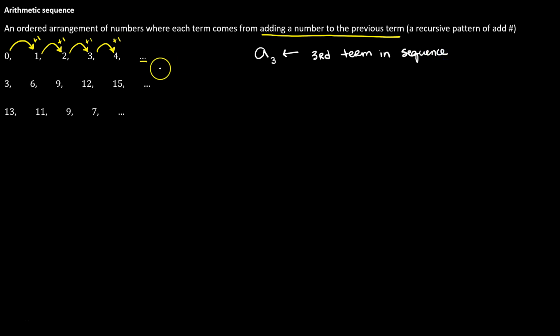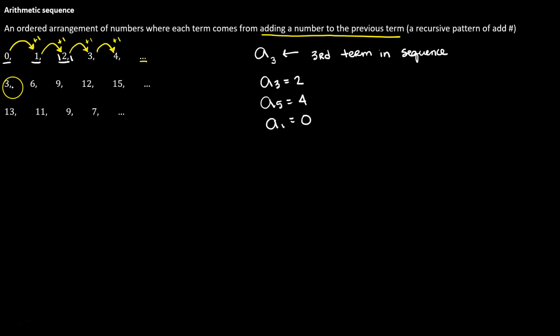In this first sequence we're looking at, the third term, 1, 2, 3, the third term is 2. So A sub 3 is 2 for this sequence. A sub 5 would be 4. A sub 1 would be 0.